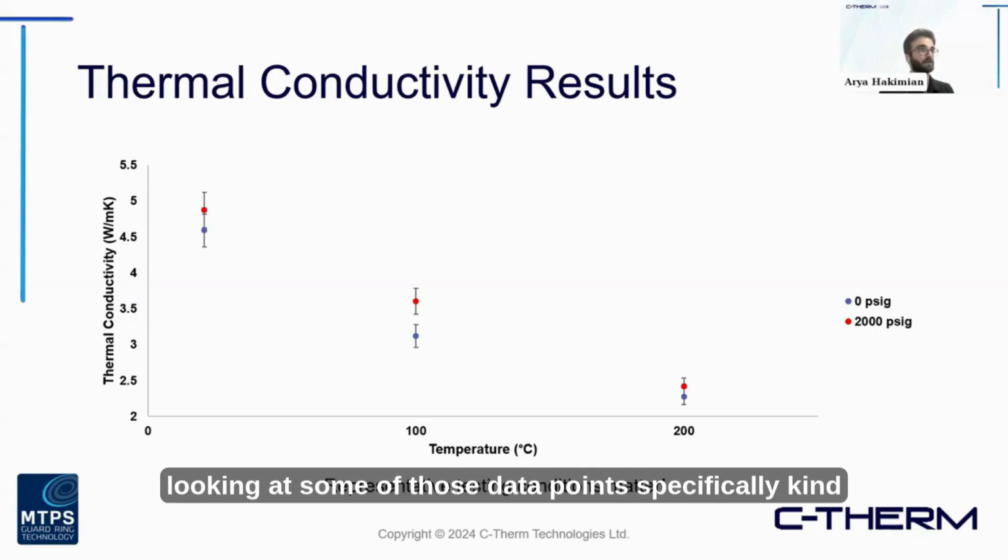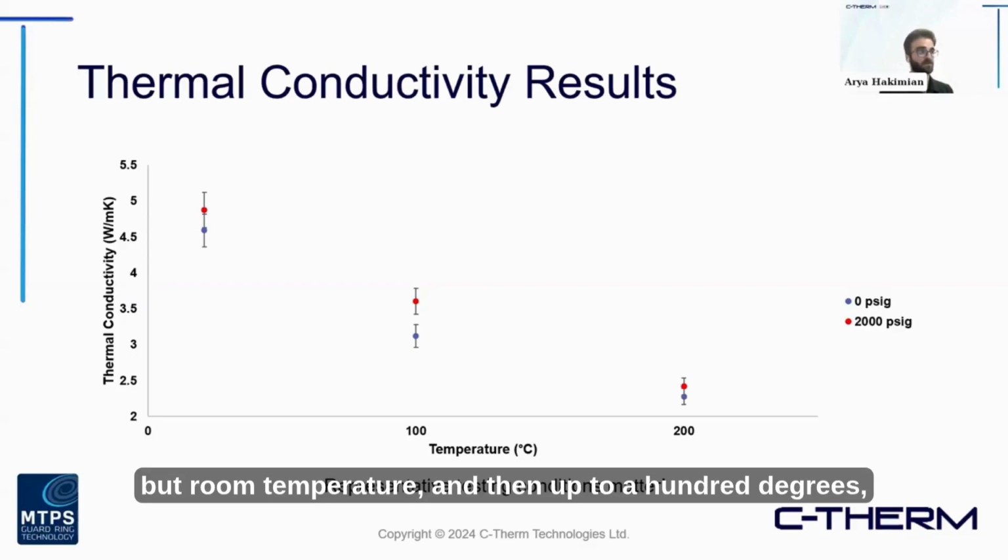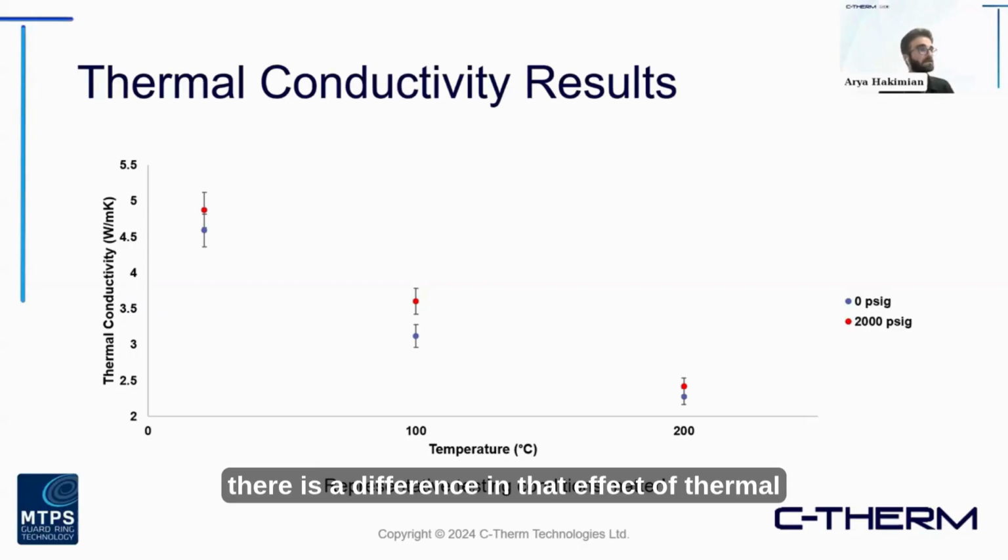But again, looking at some of those data points, specifically at the initial point there about room temperature and then up to 100 degrees, there is a difference in that effective thermal conductivity based on the pressure condition. So again, these differences based on the conditions that you're looking to represent can have an impact on that thermal conductivity.